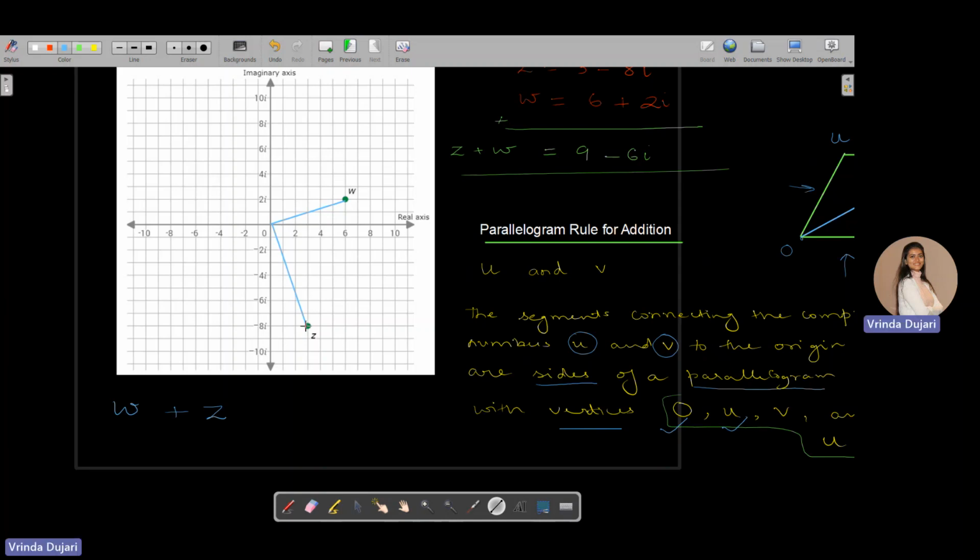Now you have to complete this parallelogram. You have got two segments, this is the first segment and this is the second segment. Now you have to complete the parallelogram. So how can you do that?